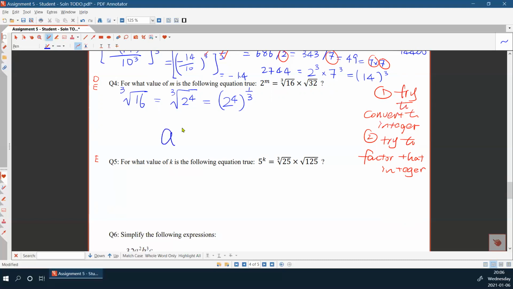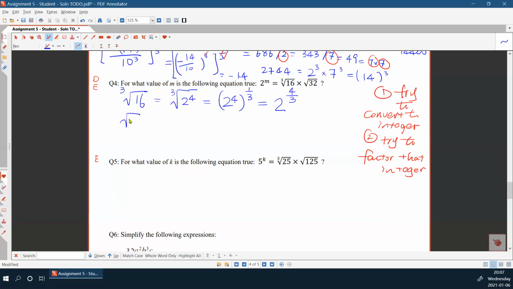Because something to the 1 over 3 power is equal to the cubic root of something. Understand? Okay. So this means 2 to the 4 over 3rd power, right?